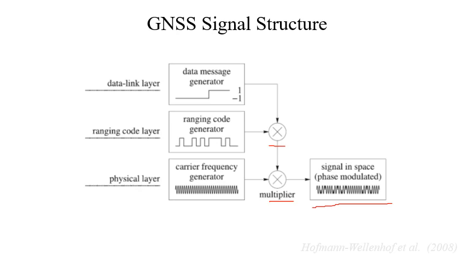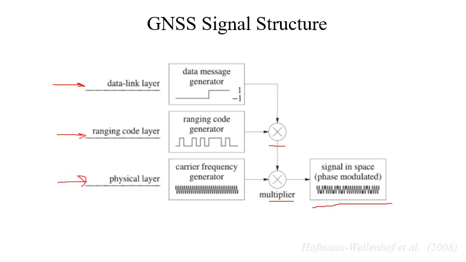In the first layer, we need the satellite's coordinates in a geocentric reference frame. These coordinates are sent to the Earth's surface, and the other two layers consist of the code layer and the phase layer.